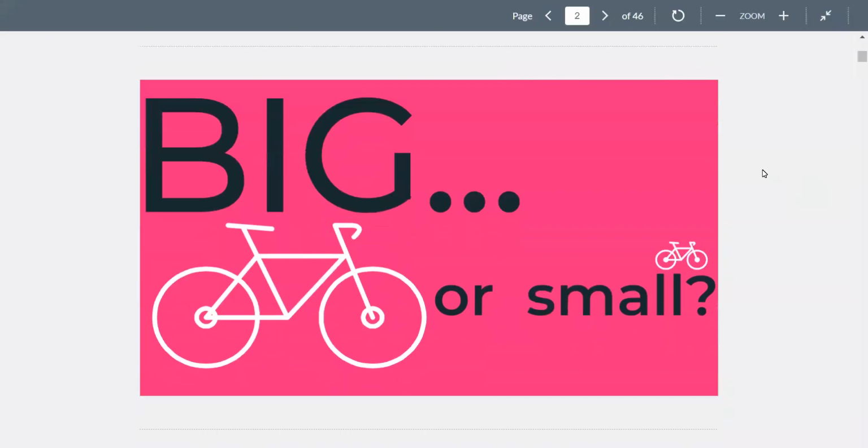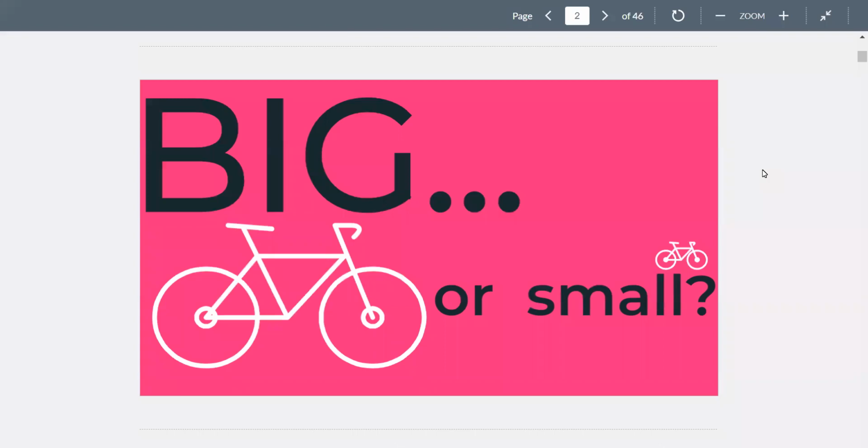So look at these two images. You can see two bikes, but in different sizes. What can you say about these two bicycles, just looking at the size of it? What can you say?